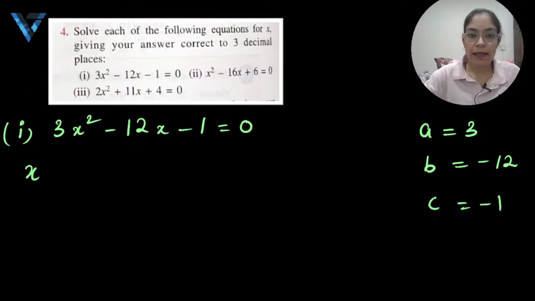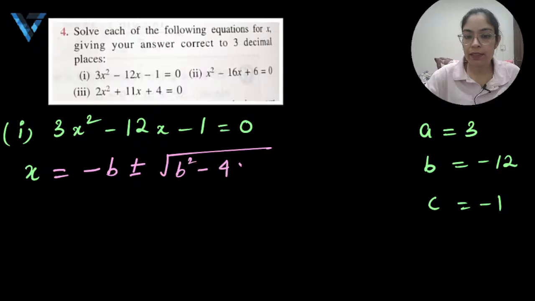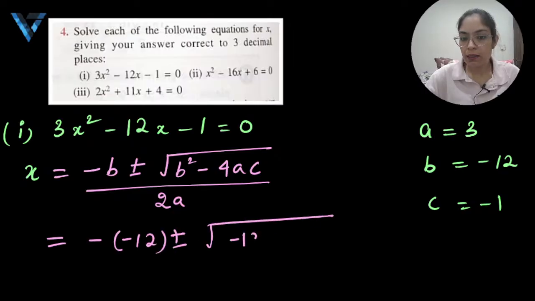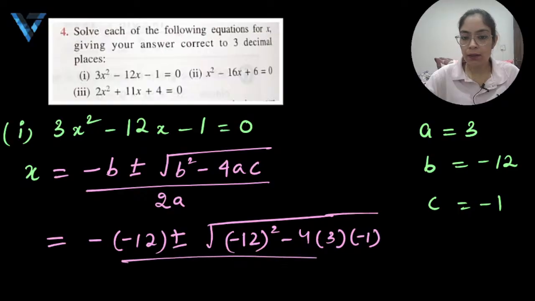Then the formula is x is equal to minus b plus minus root of b square minus 4ac by 2a. So minus of minus 12 plus minus square root of minus 12 whole square minus 4 into a, a is 3, c is minus 1, by 2a, so 2 into 3.